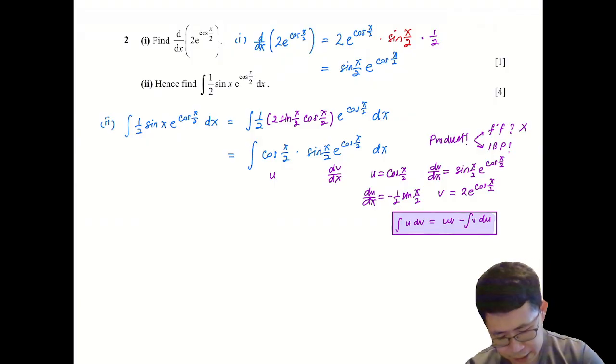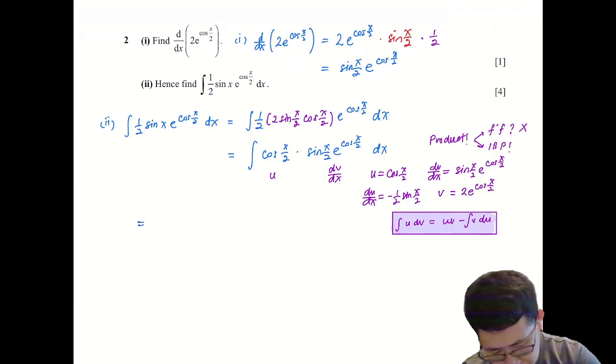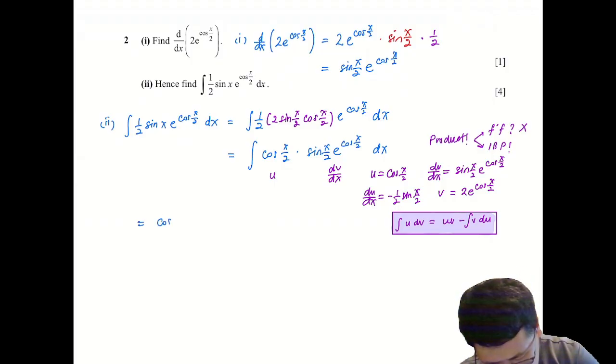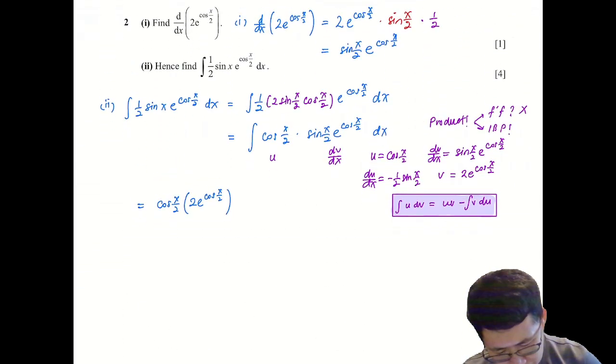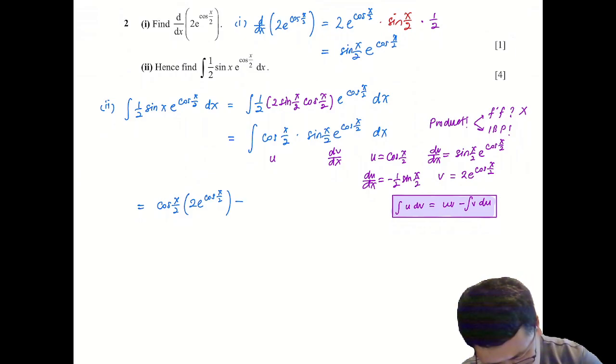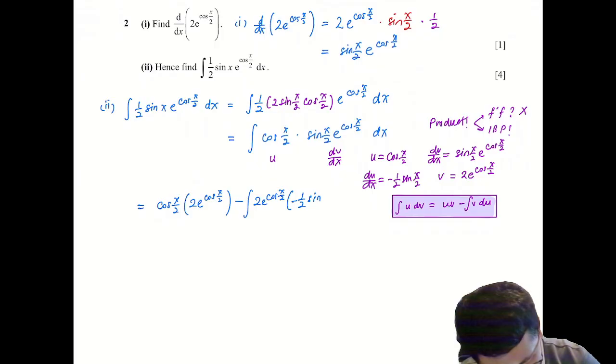So let's carry out this integration now. This one over here would be uv, so cosine x over 2 multiplied by 2e cosine x over 2, minus the integral of v du, negative 1 over 2 sine x over 2 dx.